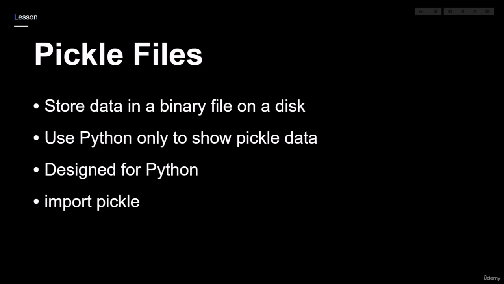That's it. This module is called Pickle, so you can use it by importing it using the import statement, this reserved keyword followed by the name of the module or the name of this library called Pickle.